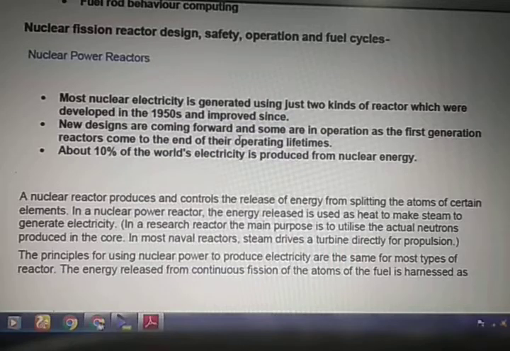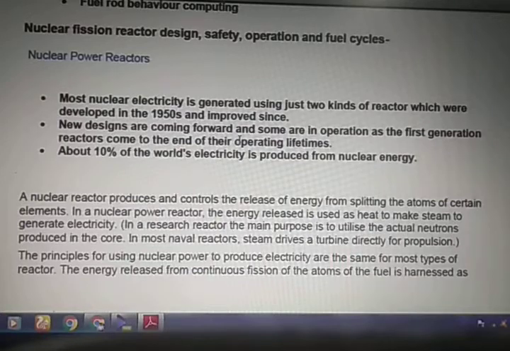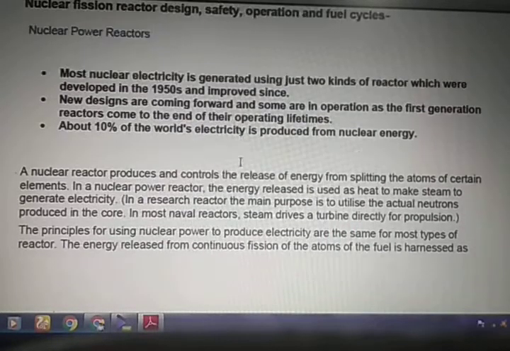A nuclear reactor produces electricity by a controlled chain reaction through the phenomenon of nuclear fission. In a nuclear power reactor, energy is released in the form of heat, which is used to produce superheated steam, and this superheated steam enters the turbine to operate the generator to produce electricity.